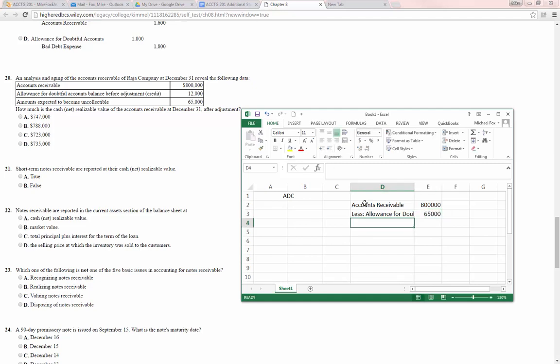We'll give them a net realizable value of $800,000 minus $65,000, or $735,000.